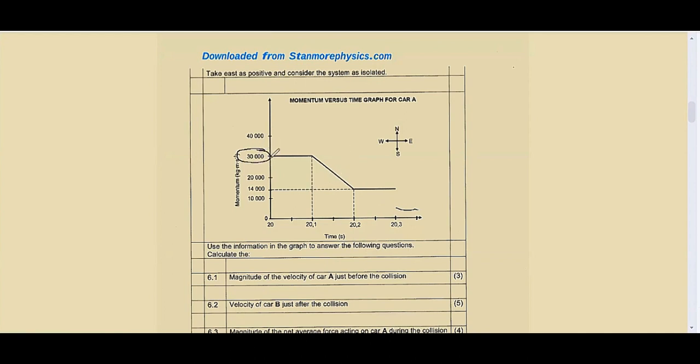This is the momentum before the collision. So this here is the momentum before the collision all the way. Then when you see this slanting line here, this means this is where collision takes place, right? And then here, this is after collision. So we can put it like this. This is before collision. This is during the collision. And here, this is after collision.